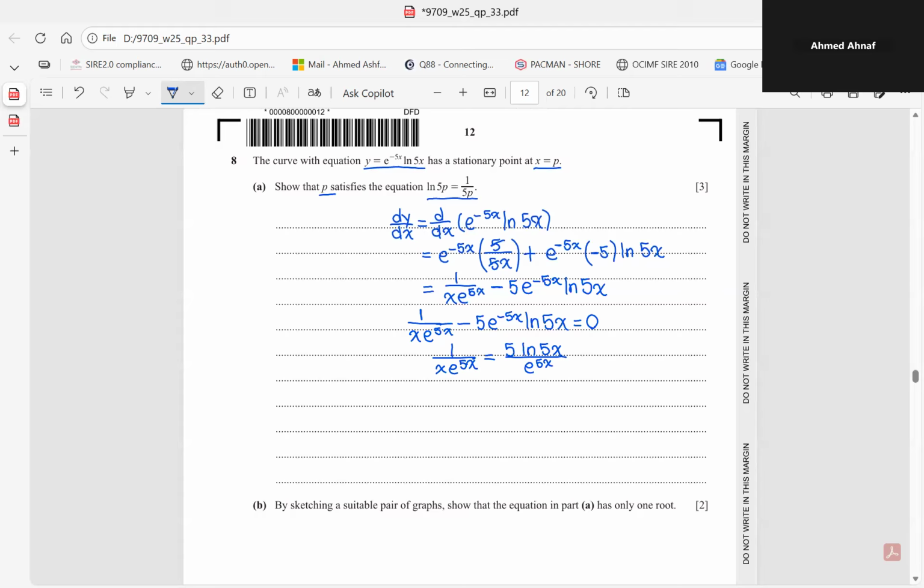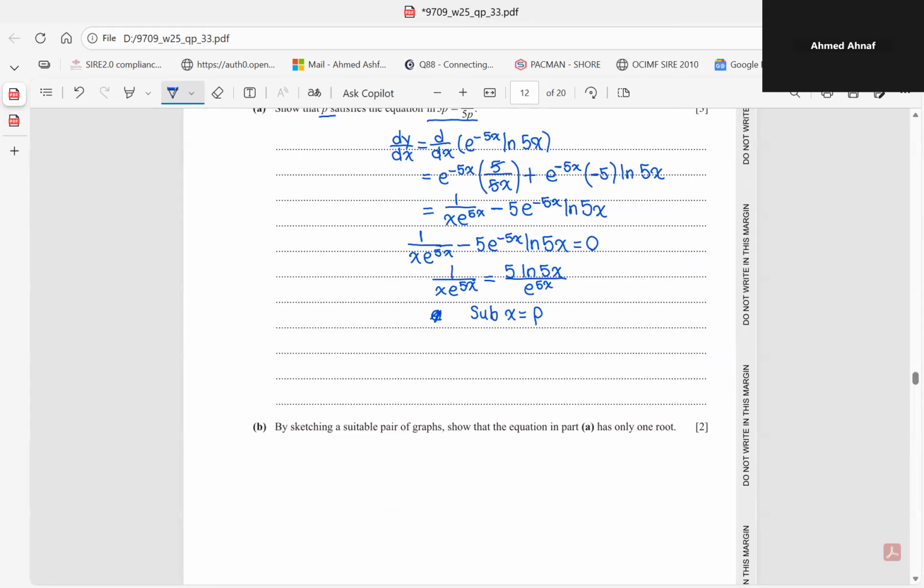Okay, so, all right, what should we do? Okay, let's just cross multiply both of the equations. That's pretty pointless. Okay, let's just sub x equals p.